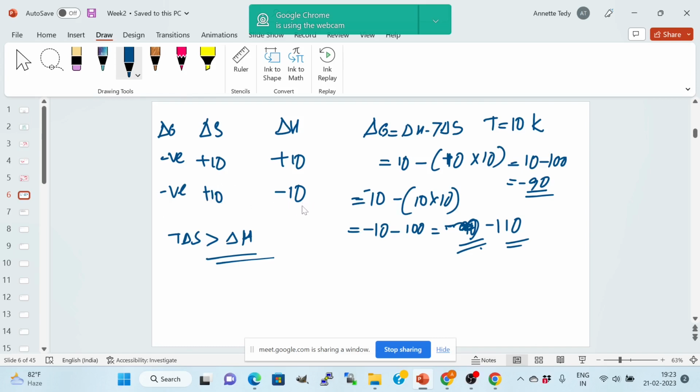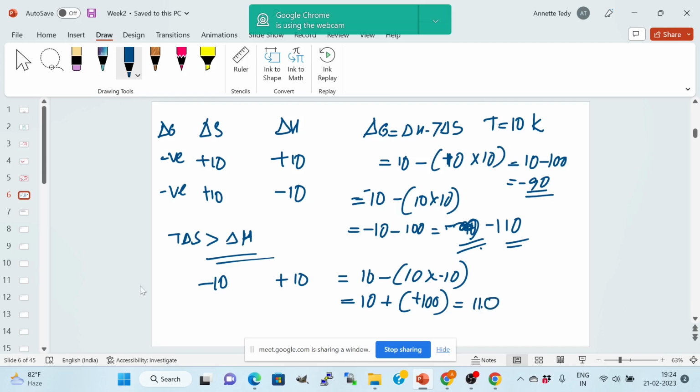Second case, you are not clear, this one, or the delta S negative case. Okay, so if my delta S is negative and delta H is positive, in that case it will be 10 minus 10 into minus 10, right? So 10 minus minus of 100, so this minus minus will be plus, so it will be 110, right?